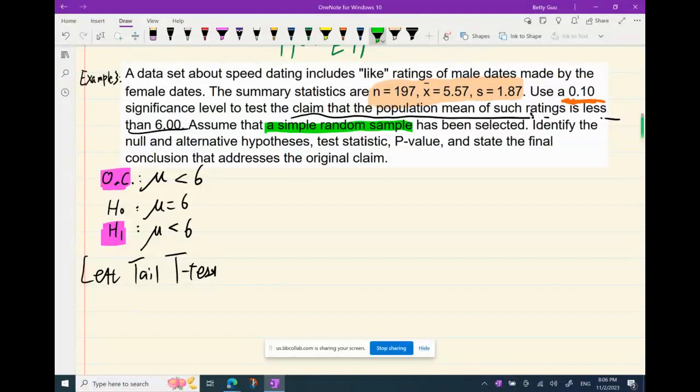Sample size, what is the sample size? Oh, 197. So the central limit theorem requirements are satisfied as well. It doesn't matter if the population is normally distributed or not. Sample size is large enough for us to apply the process. Okay, identify the null and alternative, test statistic, and the p-value, and state the final conclusion that addresses the original claim.